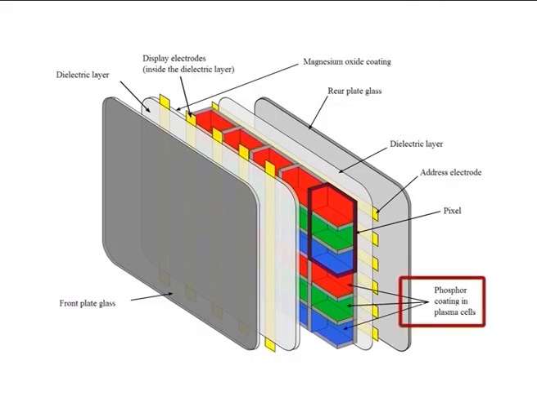A phosphor coated screen with red, green or blue phosphor for each pixel is used. The electronic grid layer and the electronic charge makes the gas atoms light up the appropriate phosphors to create the image on the screen.